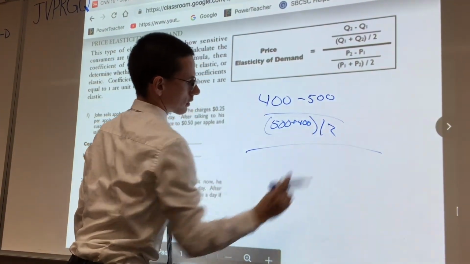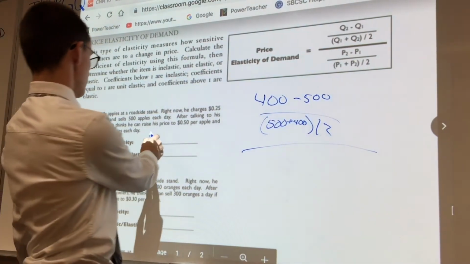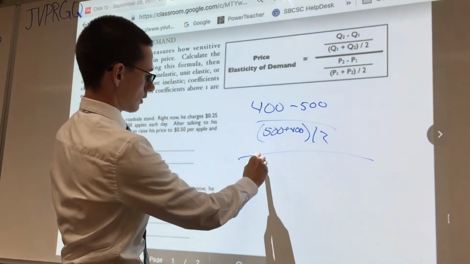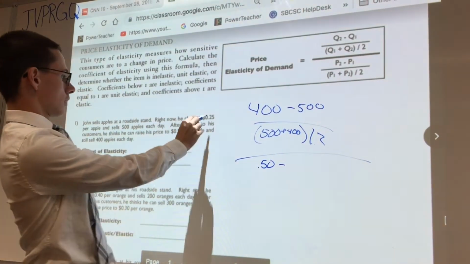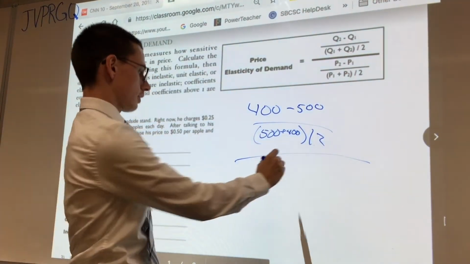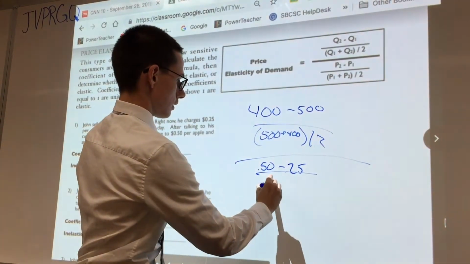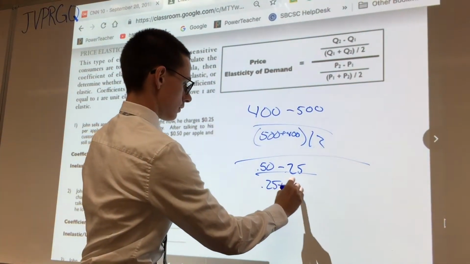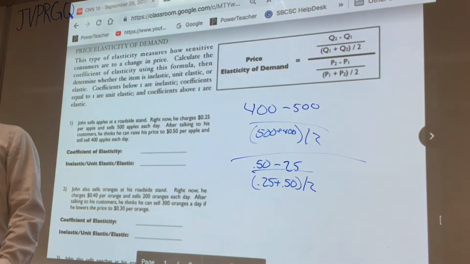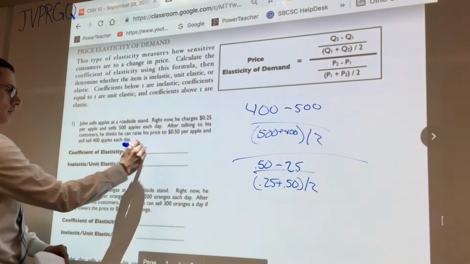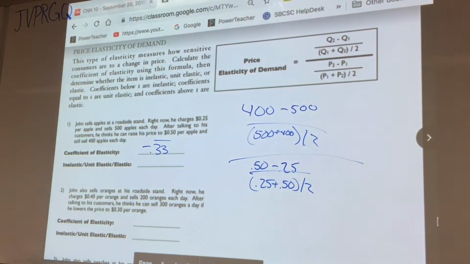And then you do that, big old line, put a fraction over a fraction. Your price 2 is 50 cents, it says so right there, minus your original price of 25 cents. And then you do 0.25 plus 0.5 all divided by 2. You get a calculator, you do all that, and you get -0.33.